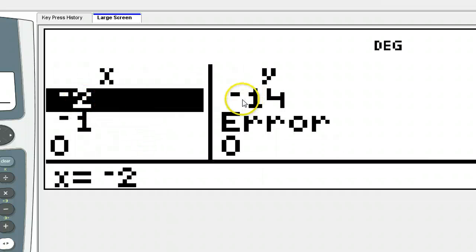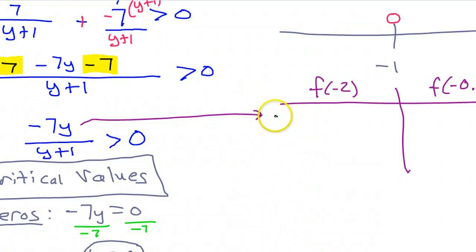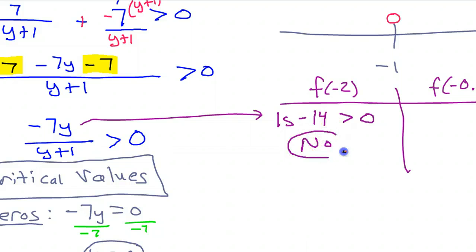Okay, at negative 2, the function has a value of negative 14. Okay, so the question is negative 14, and we want values that are greater than 0. So is negative 14 greater than 0? Obviously the answer is no. Negative numbers are not greater than 0.